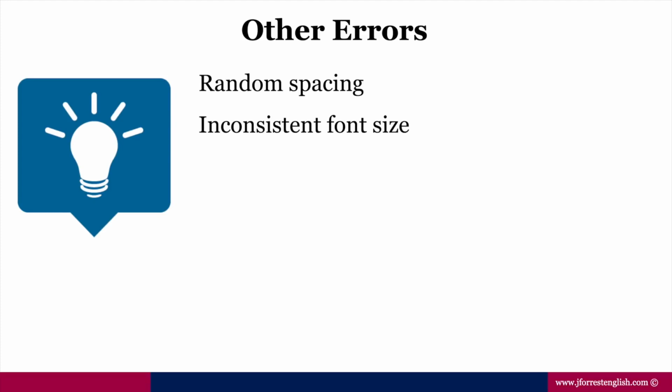Half the email will be in 12-point font and the other half of the email will be in 14 font. That doesn't make any sense. So it should be consistent, and you should be using, for professional reasons, 12 or 14-point font size. Those are the standards. That's what your email is just defaulted as anyway.